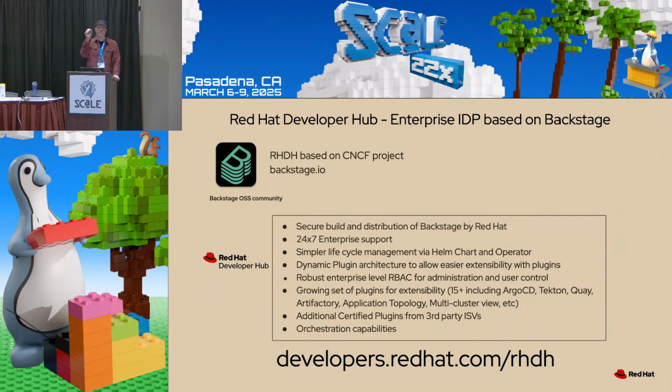You could flip a switch and say, I'd like to install the Tekton Pipelines plugin. You flip the switch, it installs in the background, and then it's up and running without you having to rebuild Backstage from source or rebuild a new container and deploy the container. I think the dynamic plugins are my major selling point that I'd list there.